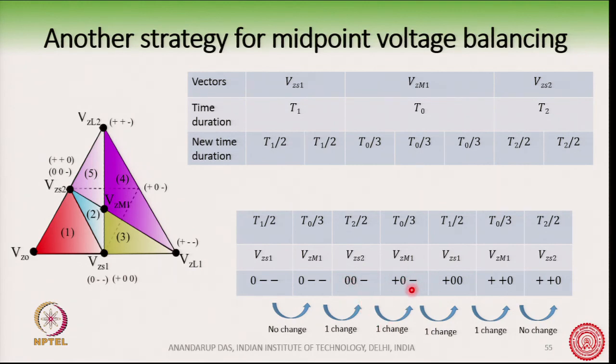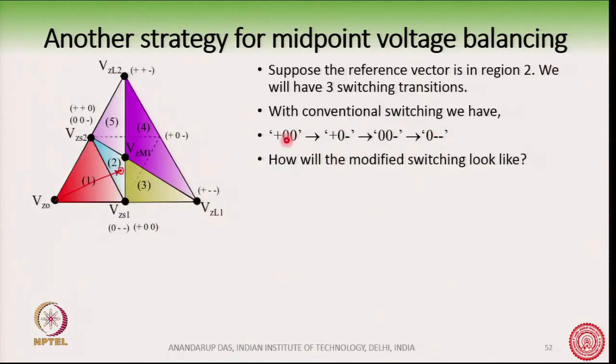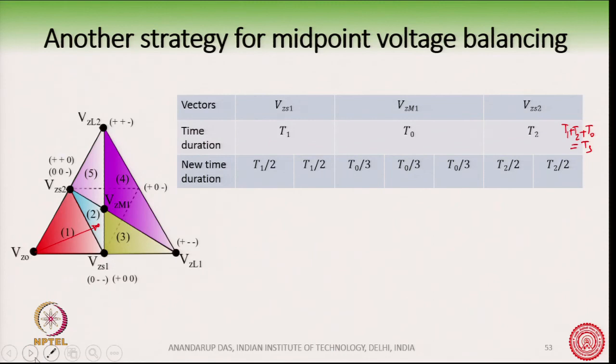And then from here to here you have one change, from here to here you have another change, and for the last one there is no change. So, therefore, you see that there are 4 changes happening in a TS period by using this strategy of virtual space vectors. Okay. So, there has been 4 switching transitions, whereas if I had used the earlier one, there were 3 transitions.